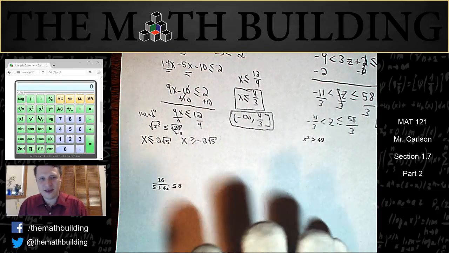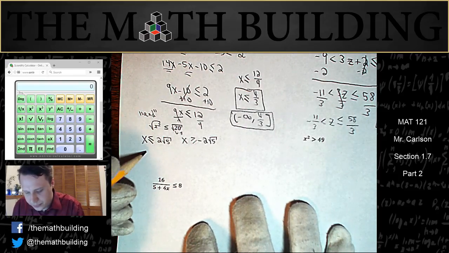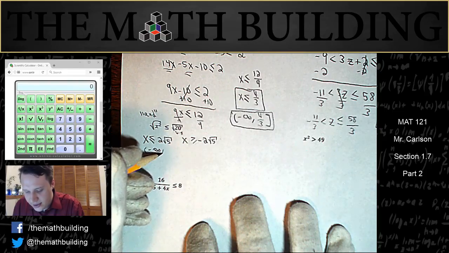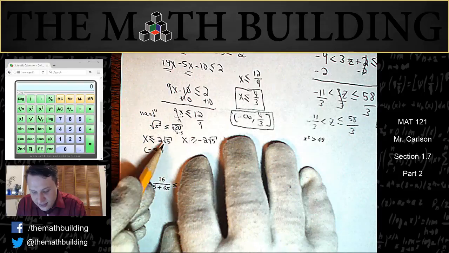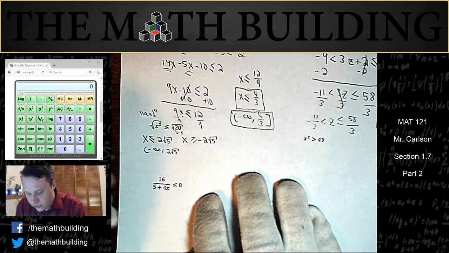So here's where this gets a little bit confusing. Let's put these in interval notation, where everything from negative infinity all the way up to where x is less than or equal to 2 root 5. So there's answer number 1.